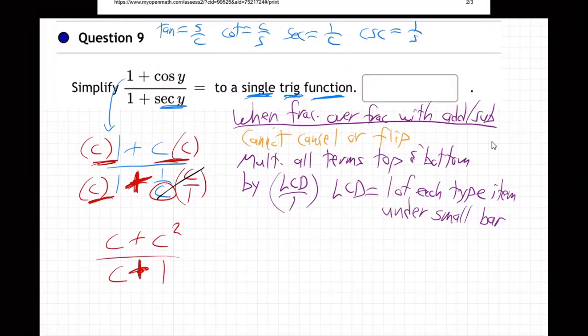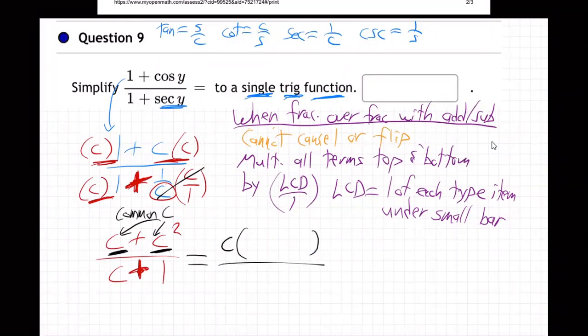Now, where are we going to go from here? Well, this is where experience will teach you to recognize this and this. They both have a common c. Remember, we did this earlier. When you have two terms separated by a plus or a minus that have something in common, what do you do? You put it in front of the parentheses.